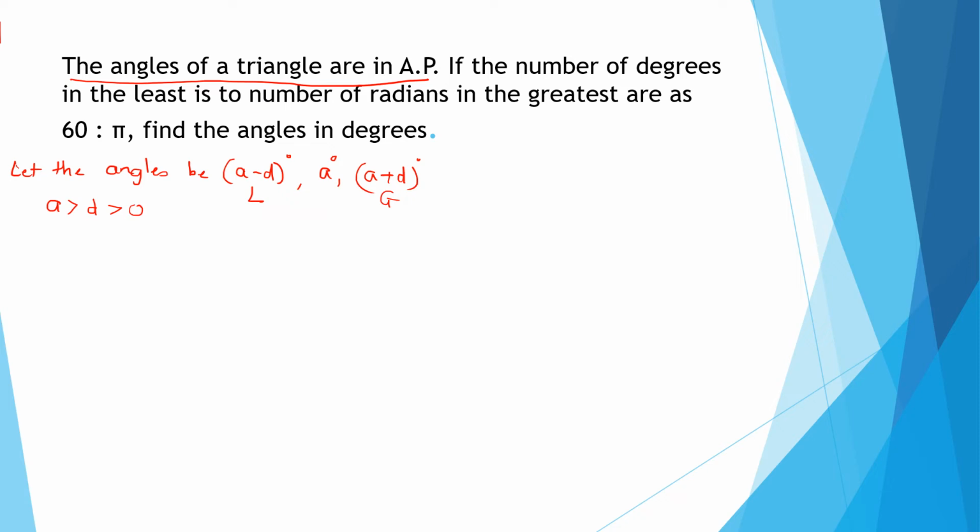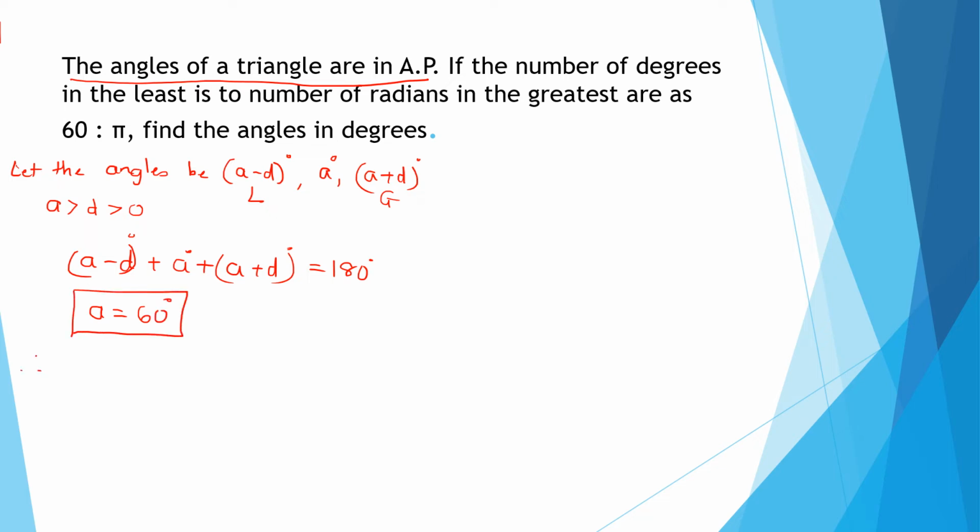Before that, since angles of a triangle is given, so A minus D plus A plus A plus D is equal to 180 degree. Correct? So if you simplify this, you will get A as 60 degree. Correct?